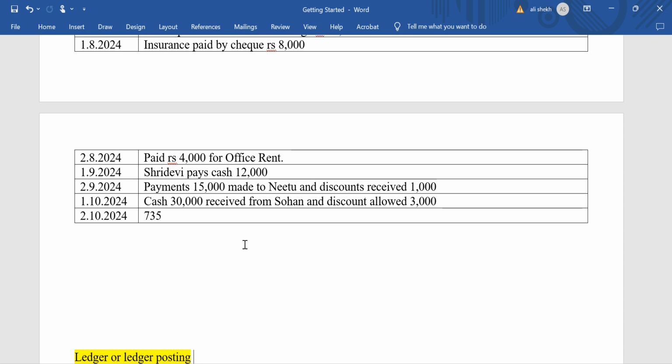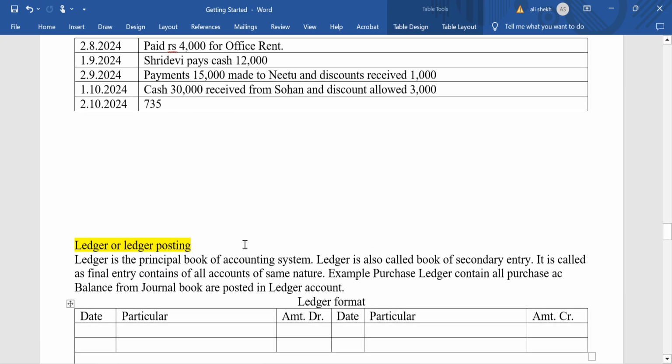The next entry, cash 30,000 received from Sohan and discount allowed. So here the entry will be cash account debit, discount allowed account debit, to Sohan account.